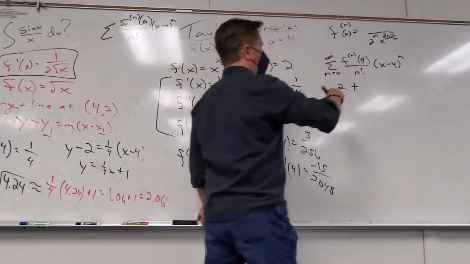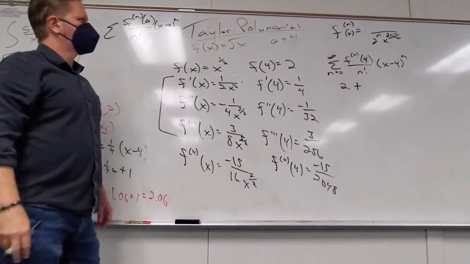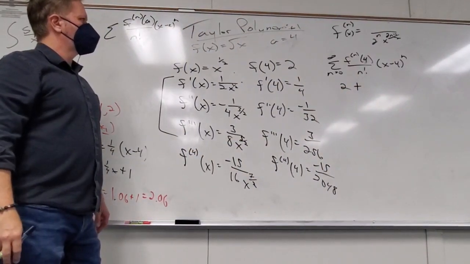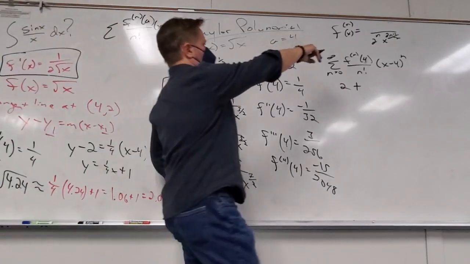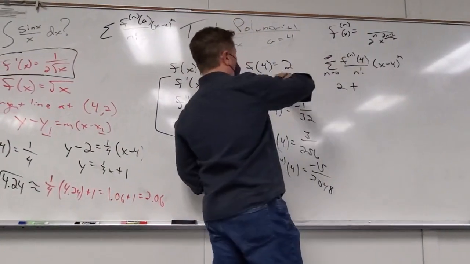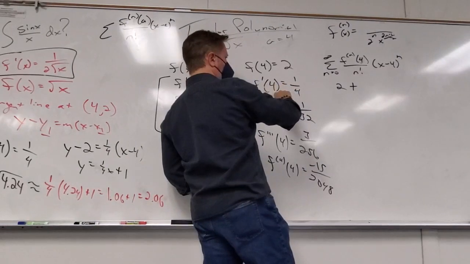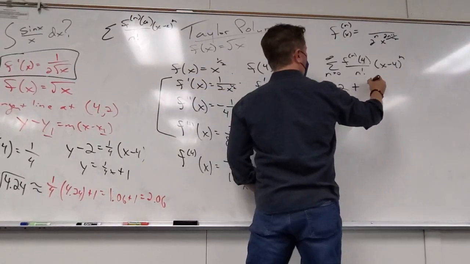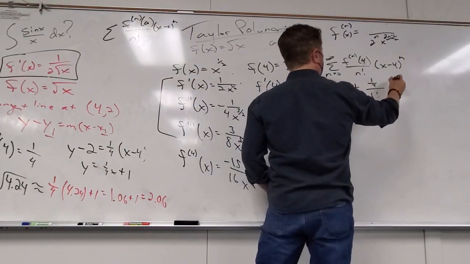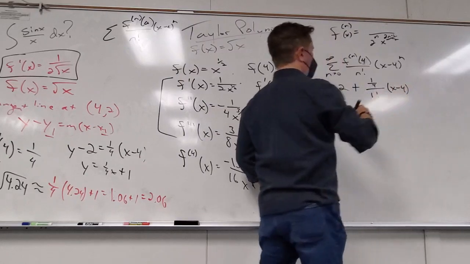Plus, when n is 1, the first derivative value at 4 is 1/4, over 1 factorial times x minus 4 to the first.